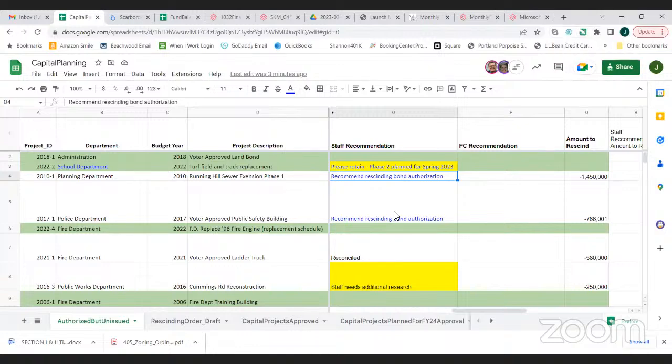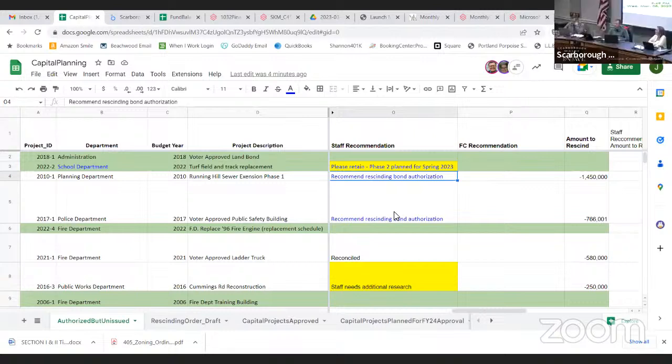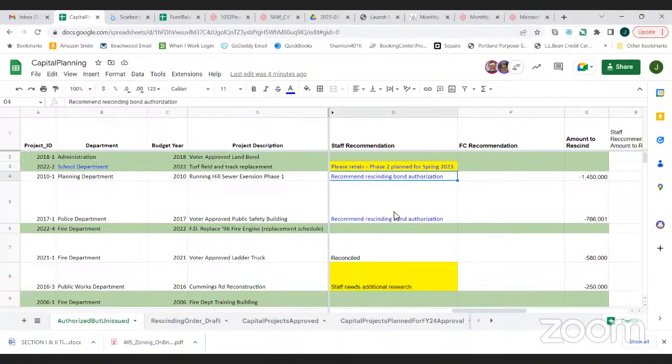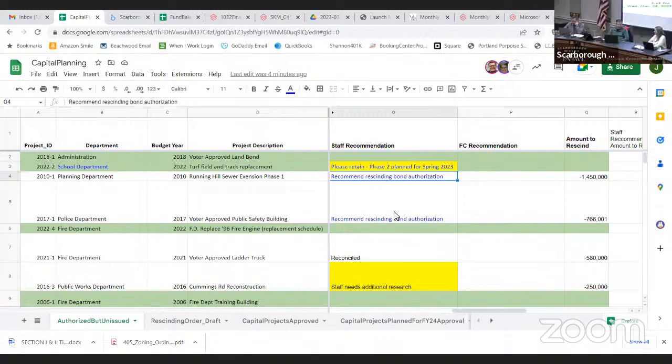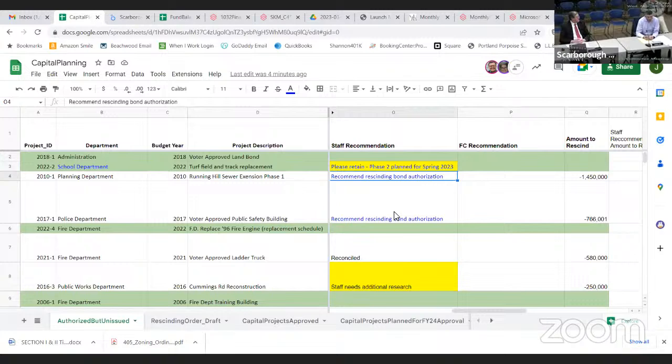What if we don't like that option? Just keep in mind, the genesis of this was the same council that changed the zoning is the one that approved this in the following year. So I think there was a clear intention in helping enable that.